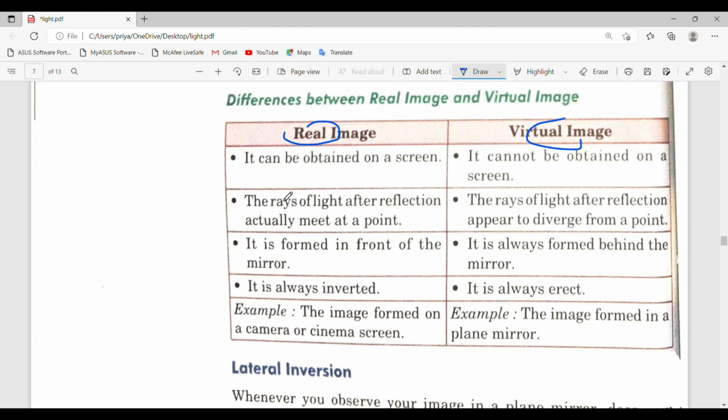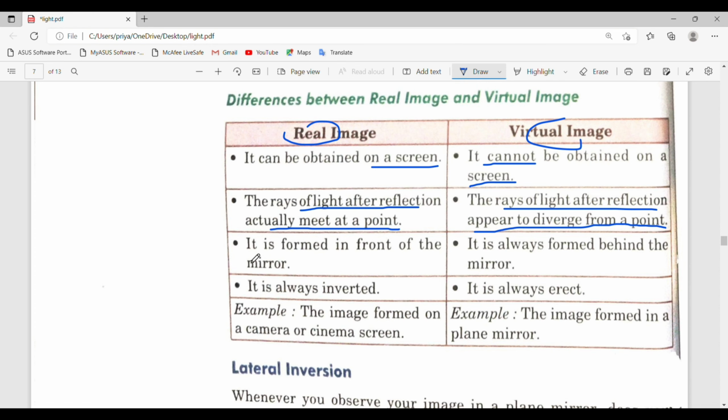A real image can be obtained on a screen, and a virtual image cannot be obtained on a screen. In a real image, the light rays after reflection actually meet at a point. In a virtual image, the rays of light after reflection appear to diverge from a point.